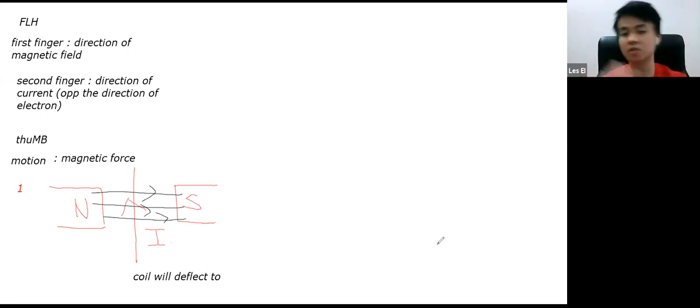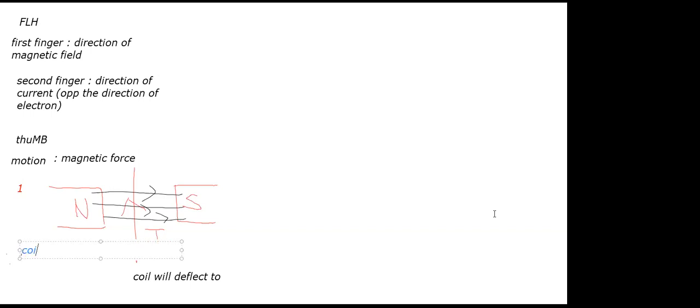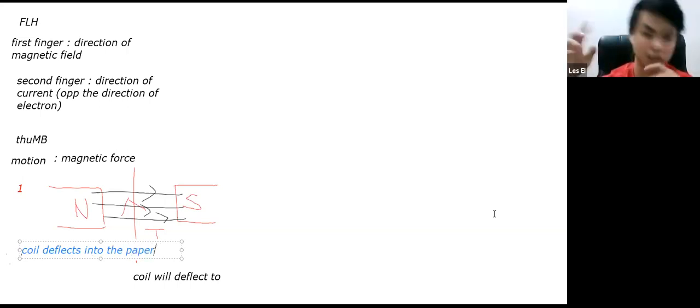Any of you confused? No, okay. So the coil deflects into the screen, into the paper. You'll find the coil moving inwards.